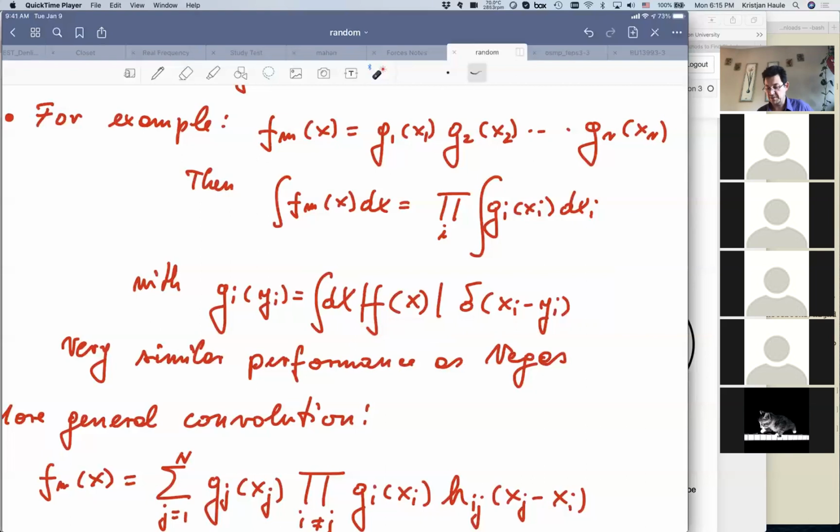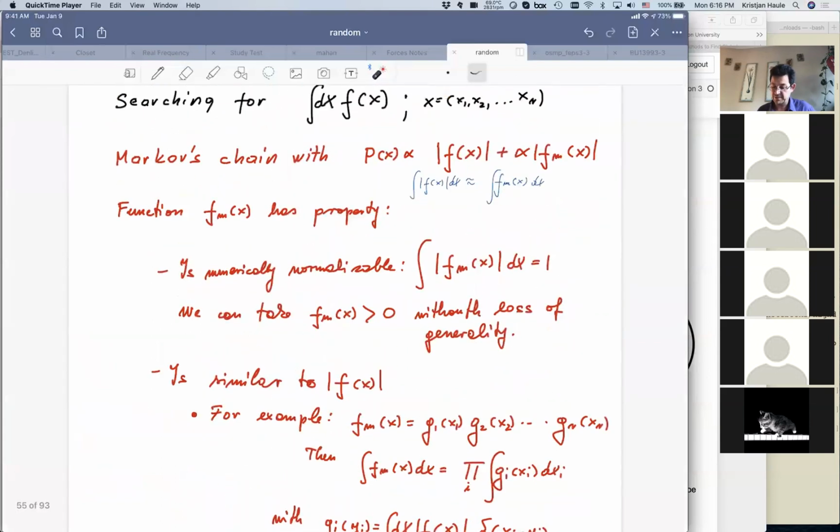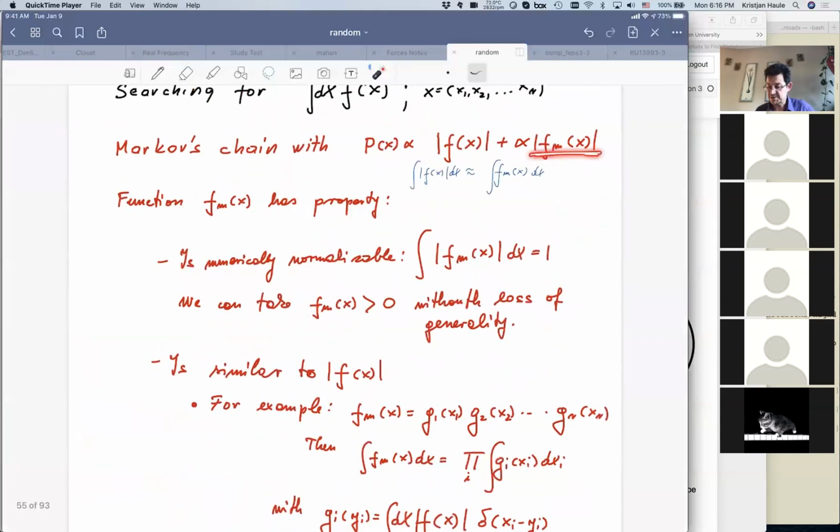Whenever we visit a configuration, we take the absolute value of function f, and then we take this delta function. So basically, we just monitor the projections of the function to all axes, and then we construct a weight function like that. Then fm of x is a function which is similar to the absolute value of the original function.